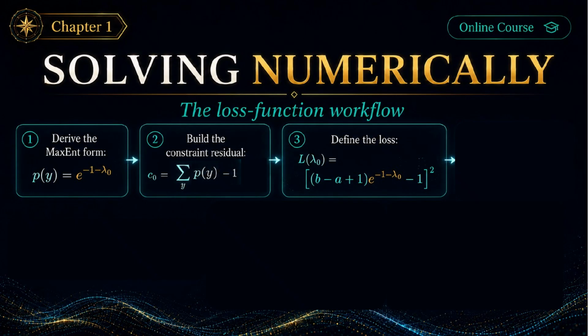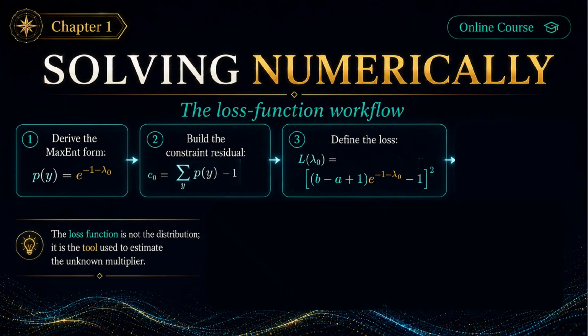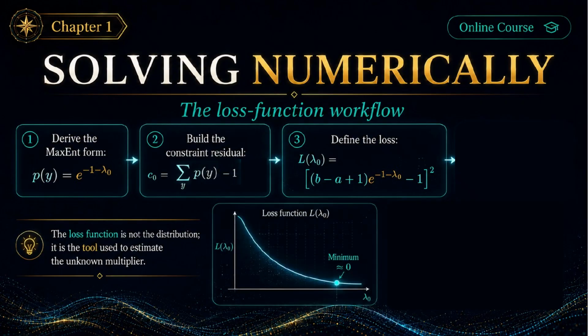So what is this loss function doing? Well, it itself is not doing anything, but what the computer does with it, that's the numerical magic of our computer. This loss function, we will pass it to our computer and tell the computer to try to tweak the unknowns. Here it's just lambda naught, but we could have more and more complex distributions.